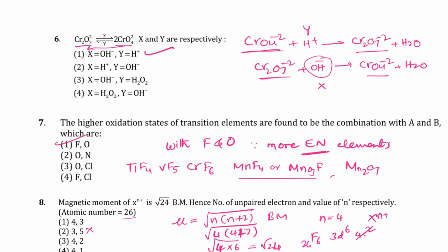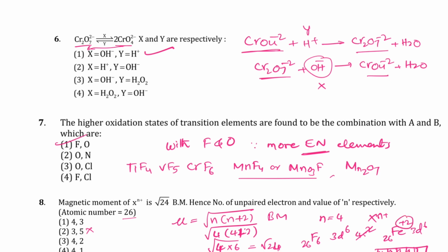If it is lost, then we will get Fe plus 2 state, 3d6. 3d6 means the d orbitals are generally 5: 1, 2, 3, 4, then 1, 2, 3, 4, 5, 6. These are the 4 unpaired electrons. Therefore, this is plus 2.